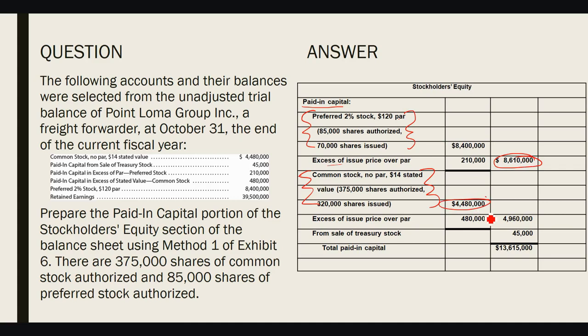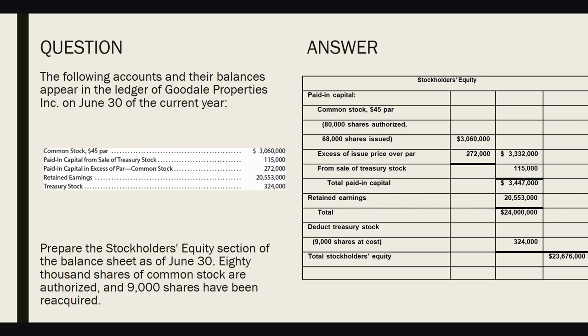Okay, and then any excess is listed in the PIK account, the paid in capital in excess of par. So in conjunction together, this is the net value of those shares. Then we have the sale of treasury stock as listed last. And so our total paid in capital is $13,615,000.